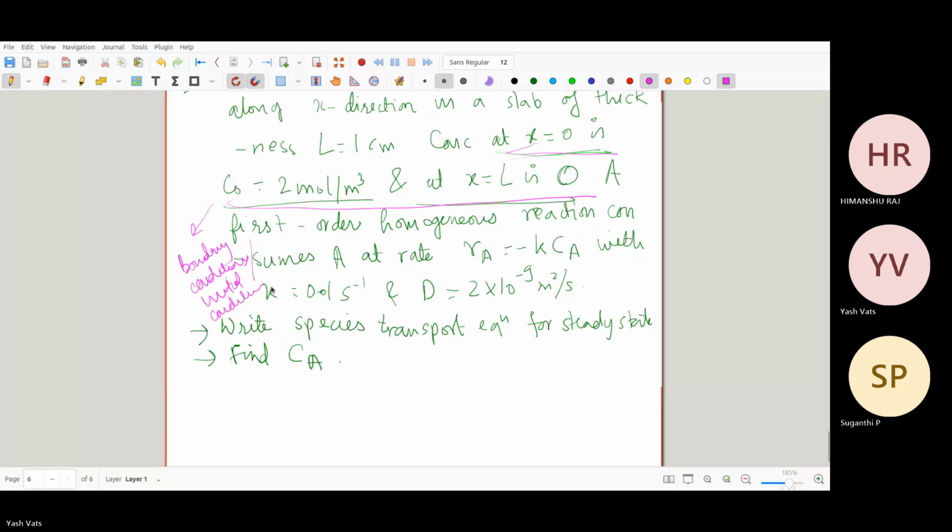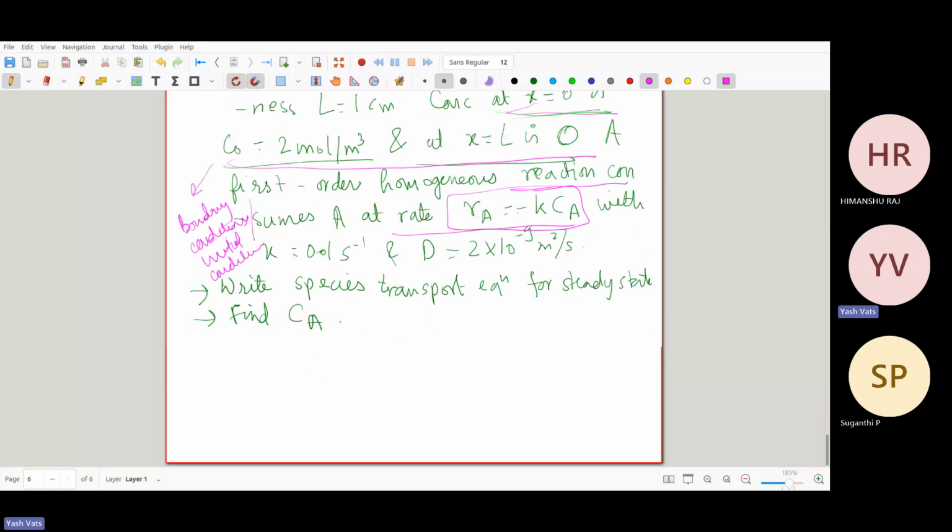And you are given RA. So this is very important. The homogeneous reaction consumes A at rate RA, which is minus K CA. So the concentration change is affected by this quantity.